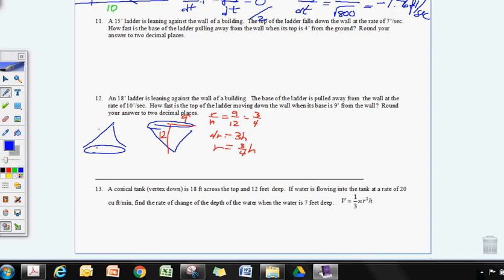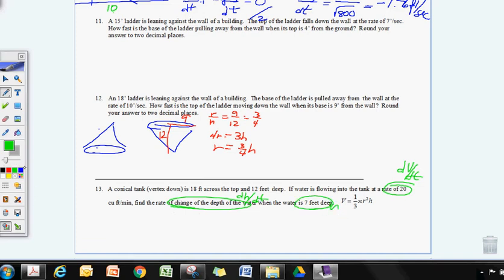So if the tank of water is flowing at a rate of 20 cubic feet per minute, that's a dV/dt, find the rate of change in the depth, that is a dh/dt, when the water is 7 feet tall.